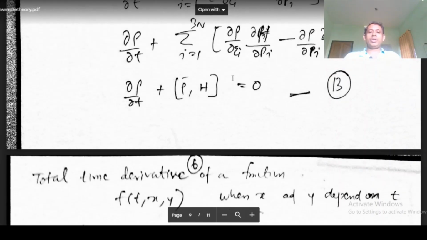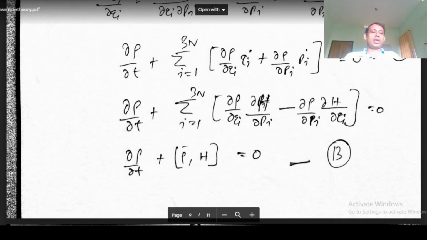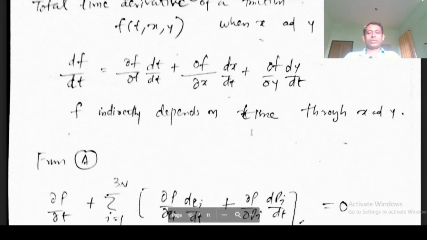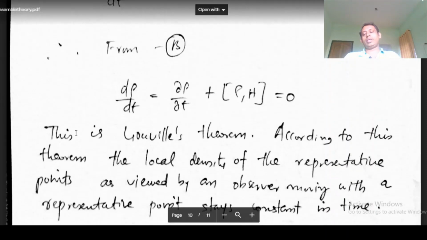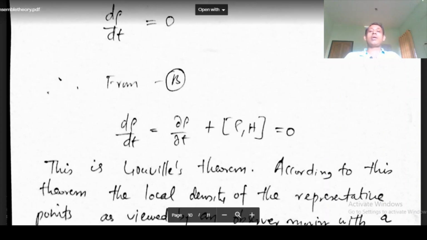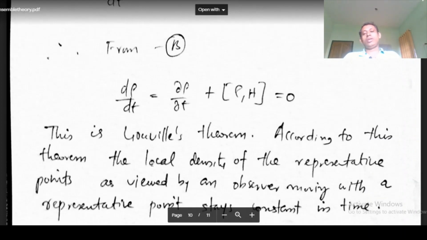Or from this B, which is actually derived from A, this thing is dρ/dt. So the total time derivative of rho with respect to time is equal to ∂ρ/∂t plus the Poisson bracket of rho, H, equal to 0, and this is Liouville's theorem.